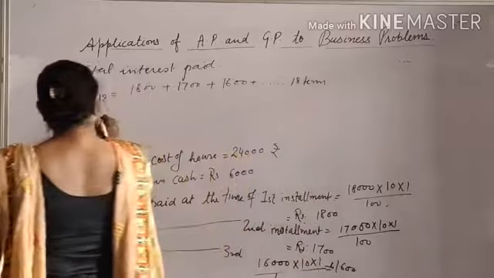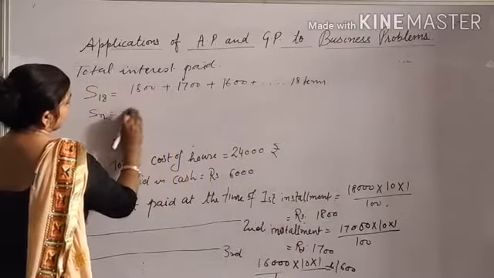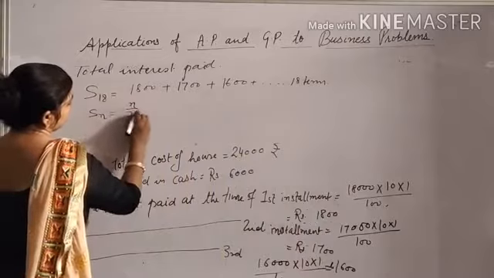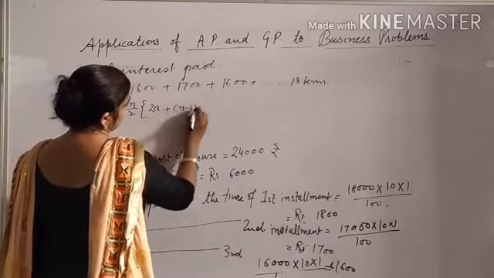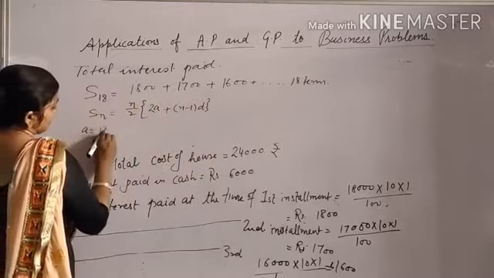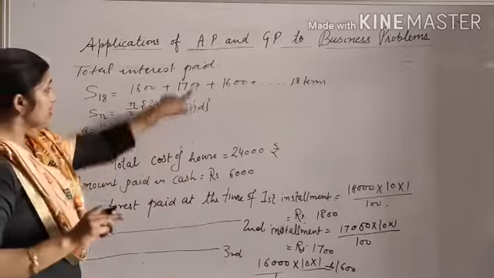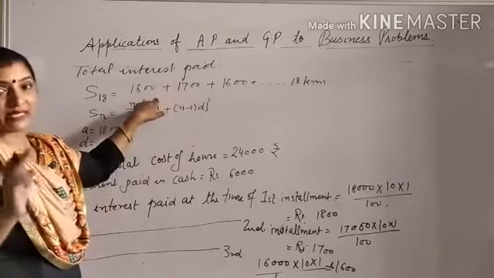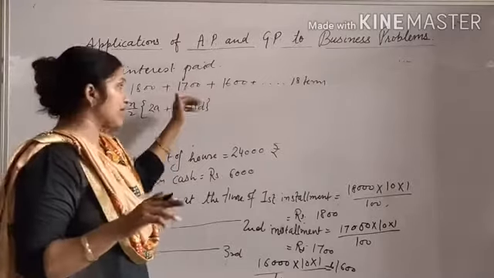And you know the formula for the sum of n terms of an AP is n by 2 into 2a plus n minus 1 into d. Here a is 1,800 and d, the common difference: second term minus first term is minus 100, third term minus second term is again minus 100, and so on.